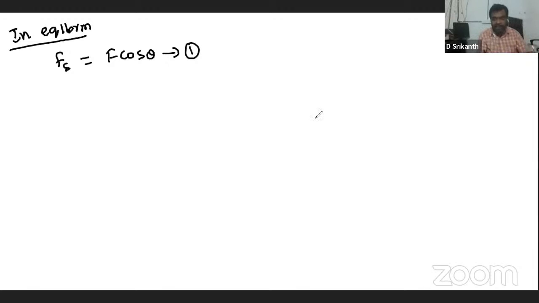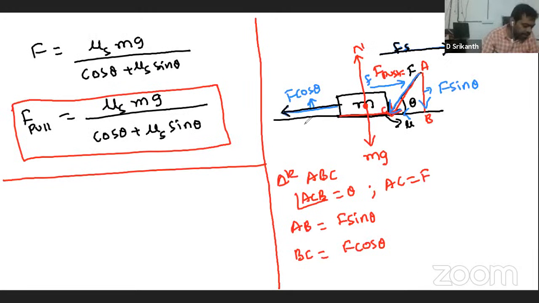That is parallel to the rough horizontal surface. Perpendicular to the surface, what will be the equation? Tell me the equation perpendicular to the surface.